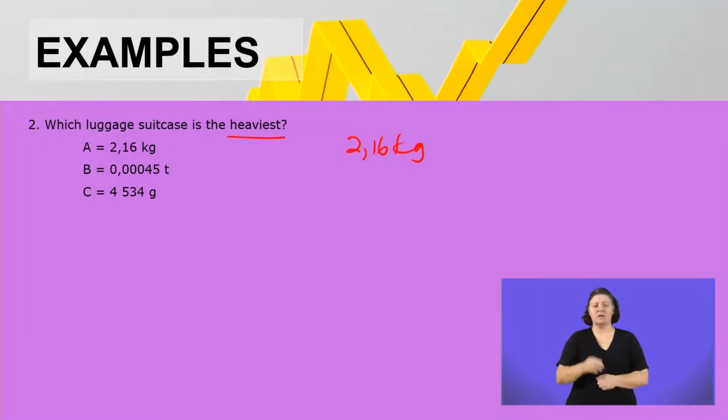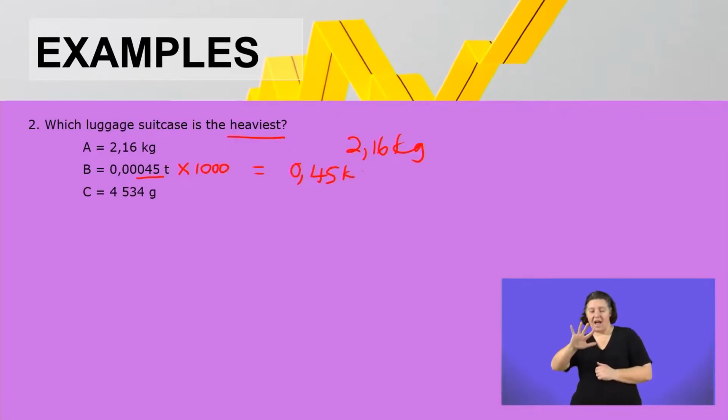B needs to convert, so I'm converting from tons to kilograms, so that is from big to small, right? So conversion factor will be 1,000, so I'll say 0,00045 multiplied by 1,000. So that will give me 0,45 kilograms.